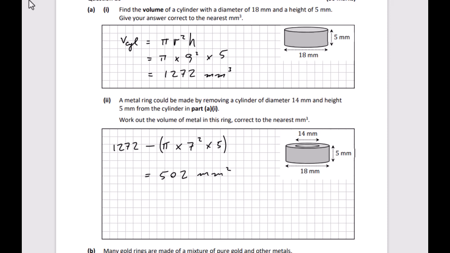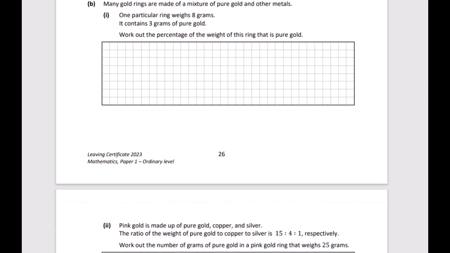Now, if you took the previous answer as 1272 and did it, you'll get 502. If you take the non-rounded decimal that you got in part 1, you'll get 503. I'm not sure which answer the marking scheme will require you to do, but that's the procedure anyway, at least. Let's have a look at the next question.